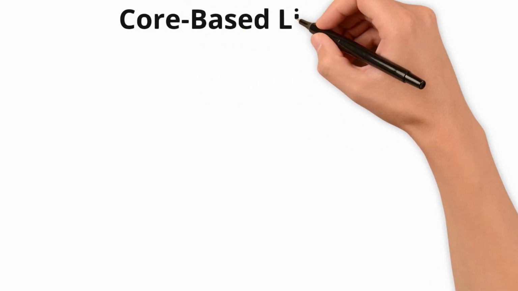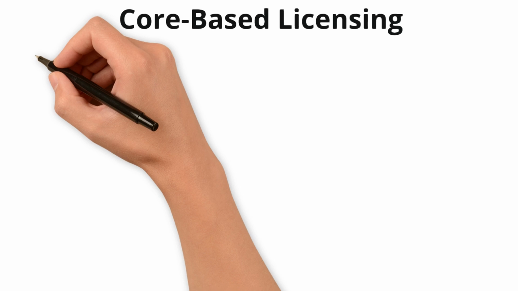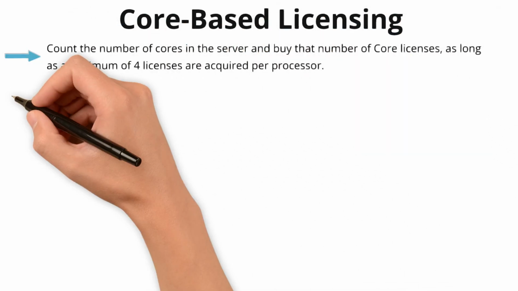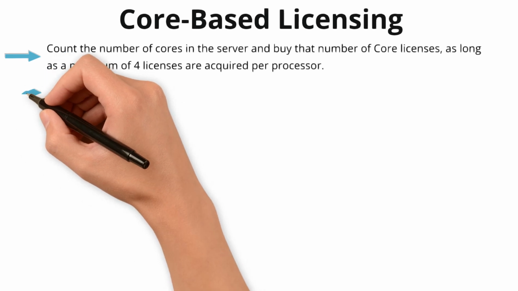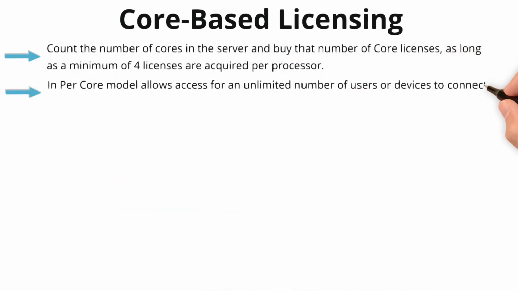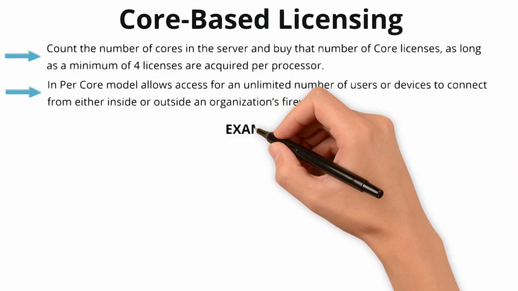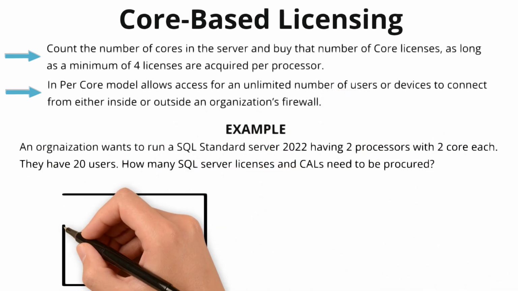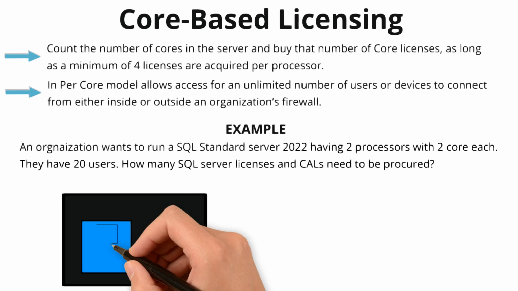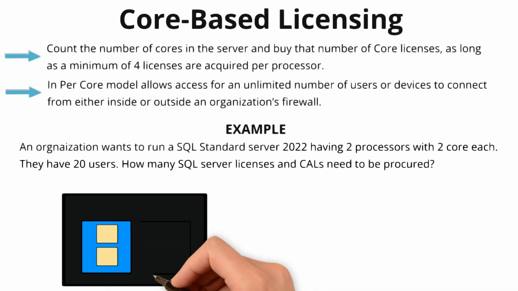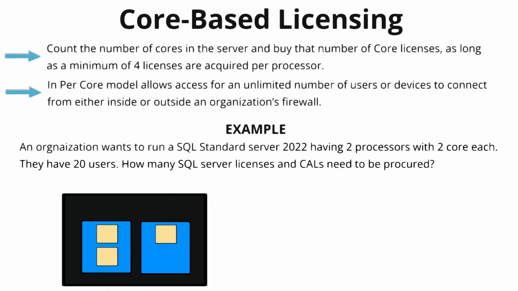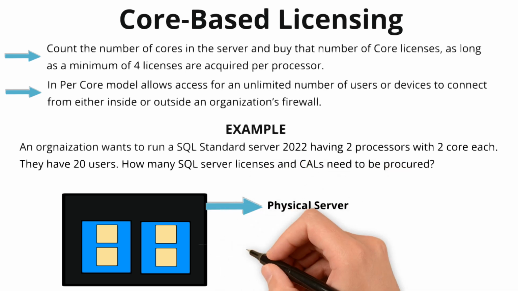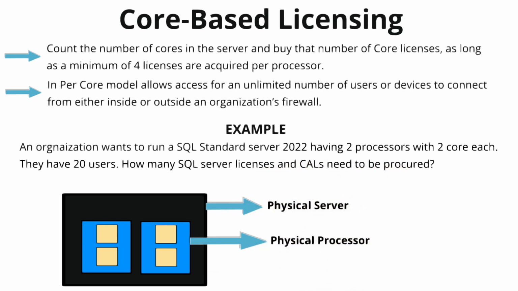First, understand what core based licensing is. It's one of the very important, beneficial and widely used licensing methods. In this, you just need to count the number of cores in the server. Remember that a minimum of 4 core licenses are required per processor. As long as that is met, everything is compliant.